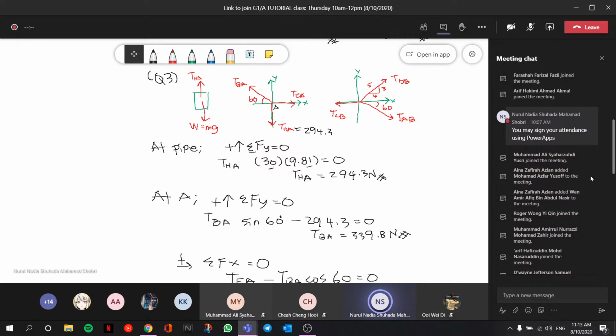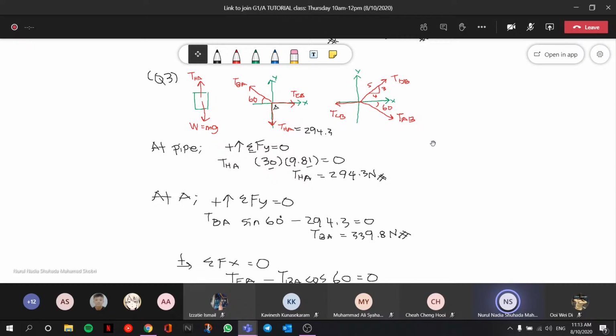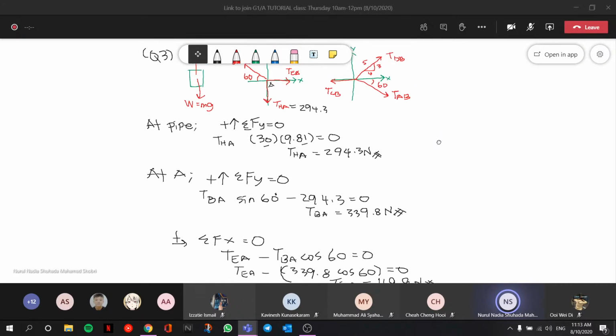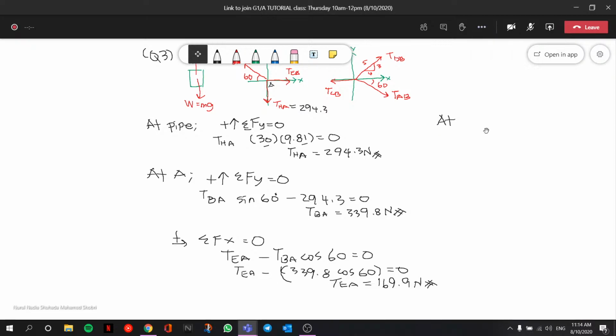When you solve for this one, you will get TA equal to... Okay. So we settle with the forces at the pipe and also at point A. So now we will do the one at point B.